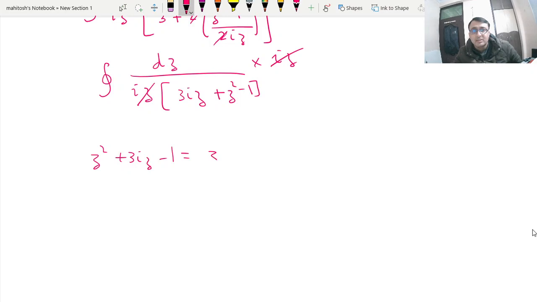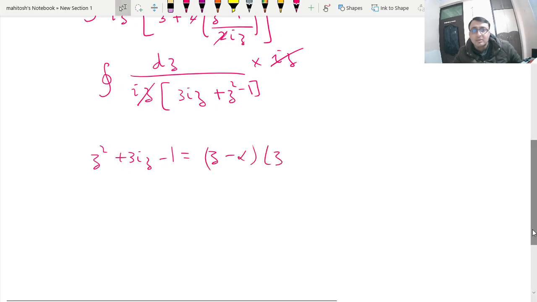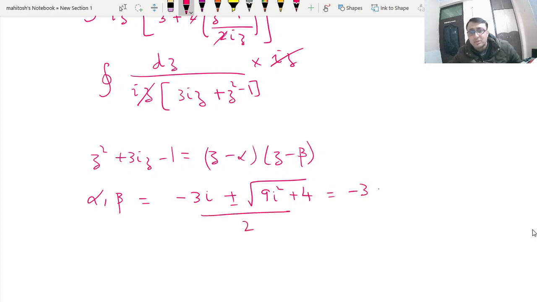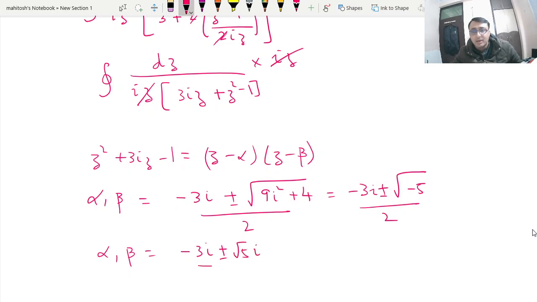If we factorize it, if alpha and beta are roots, we can write this as minus 3i plus or minus root of 9i square minus or plus 4 upon 2, so this is minus 3i plus or minus root 5 upon 2. So alpha and beta that we get are minus 3i plus or minus root 5i by 2.